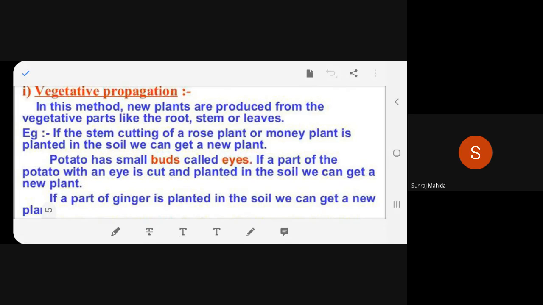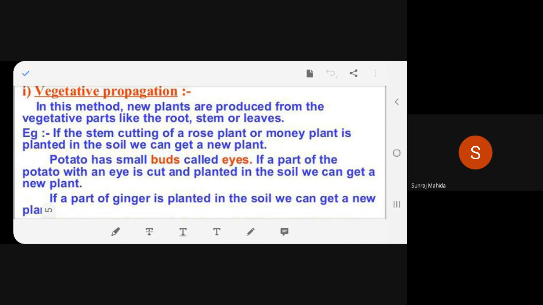If the stem cutting of a rose plant or money plant is planted in the soil, we can get a new plant. Potato has small buds called eyes. If a part of the potato with an eye is cut and planted in the soil, we can get a new plant. If a part of ginger is planted in the soil, we can get a new plant.